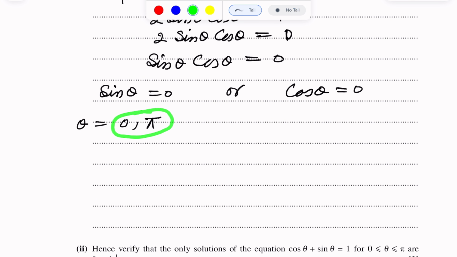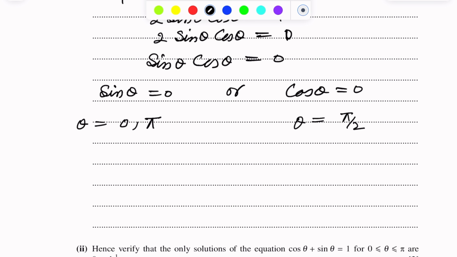So we get two solutions from here, and from cos theta is equal to 0, cos pi by 2 is 0. So theta is equal to cos inverse 0, that is pi by 2. So we have three solutions, 0, pi and pi by 2.